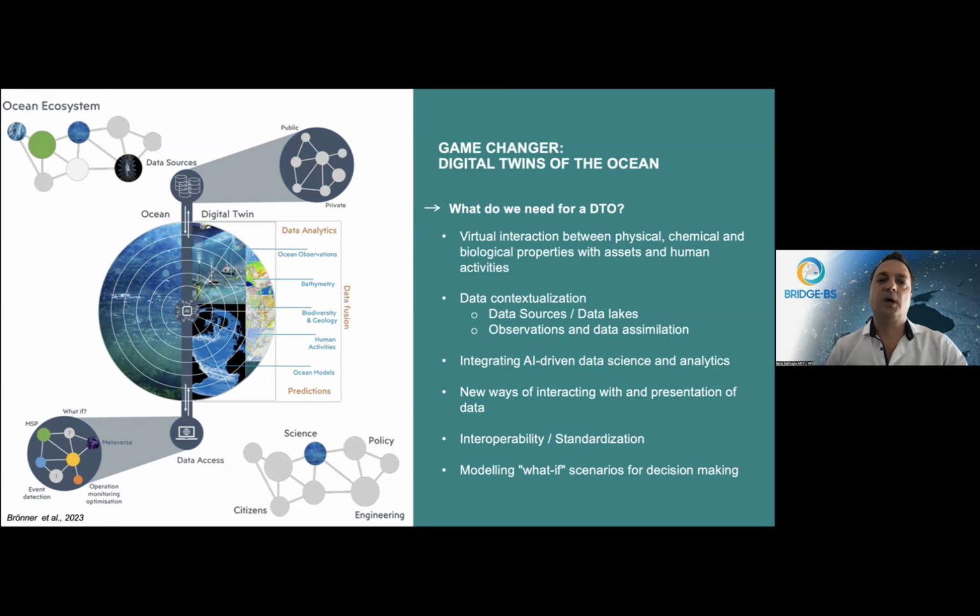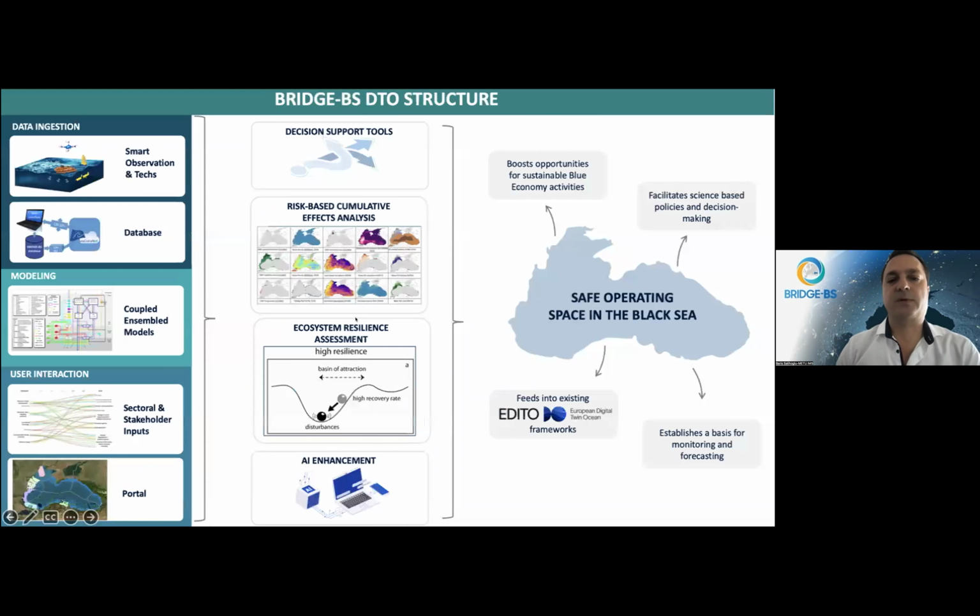ocean demonstrator. So you need to include the ocean observations, you need to address the biodiversity, human activities, different ocean models, develop predictions, especially the effects of climate change, and develop what-if scenarios towards, for example, marine spatial planning and MSFD assessment. So when it comes to the Bridge BSDTO structure, what you see on the left are the core modules: the data, coupled ensemble models, sectoral stakeholder inputs, and the portal.